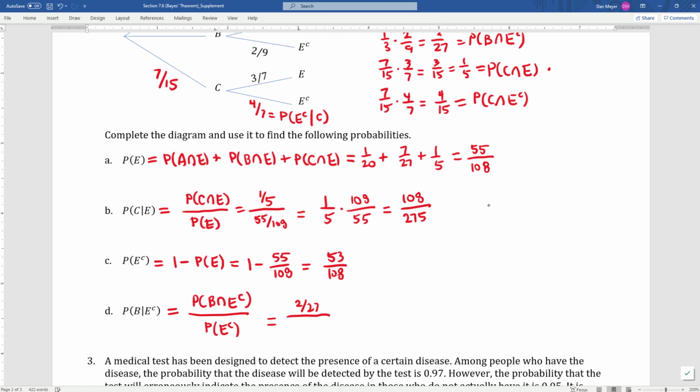The probability of E complement we just found in part C. Again, using some facts about fraction division, this will be the same as 2 over 27 times 108 over 53. And then 108 is actually divisible by 27, so this ends up being 8 over 53. All right.